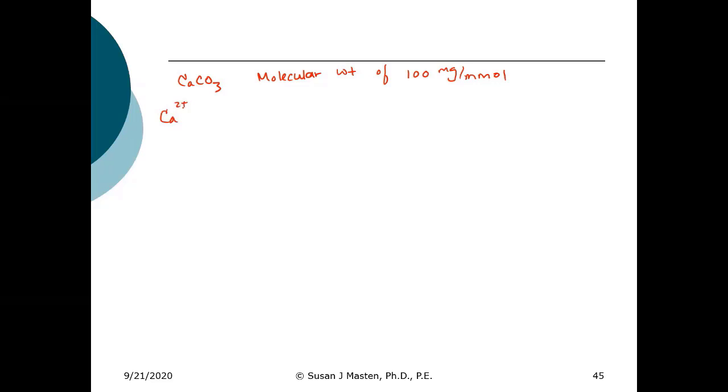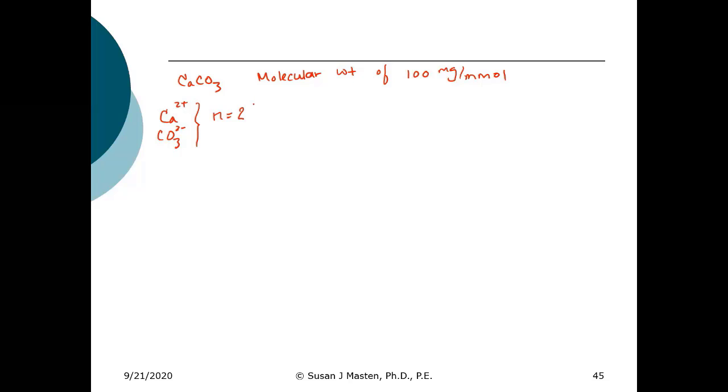Calcium is 2 plus, carbonate is 2 minus, so the number of equivalents per mole is 2. We can just use the charge. It's more complicated than that, but for most systems you can simply use the charge on the ion that you're looking at. So N is equal to 2.